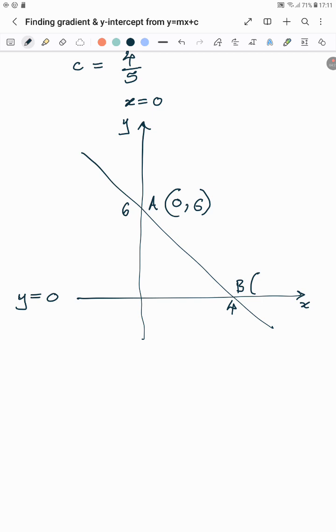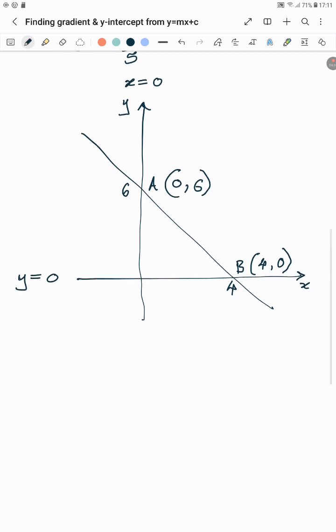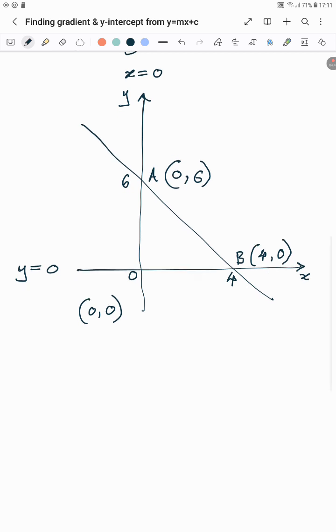So here we say B is 4, 0. So now we have the 2 points, and this one we call the origin, and origin is always 0, 0.